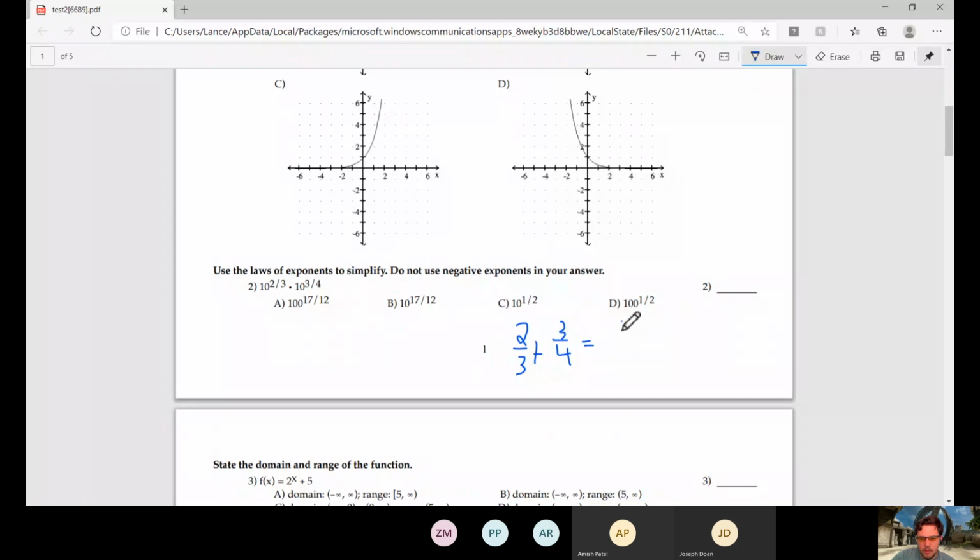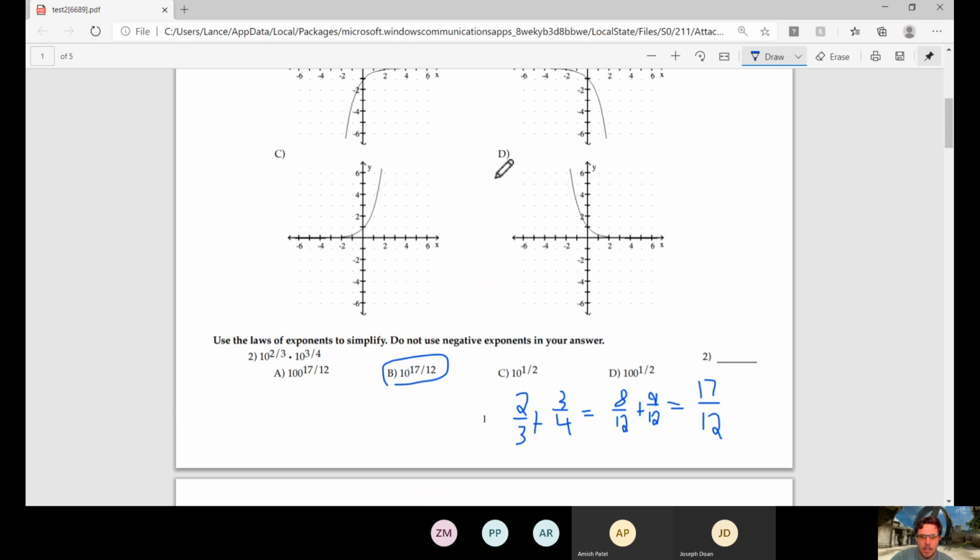So you keep the same base and you just add the exponents. So that's at least what I did. I don't know if y'all did that. But your correct answer right there is B.